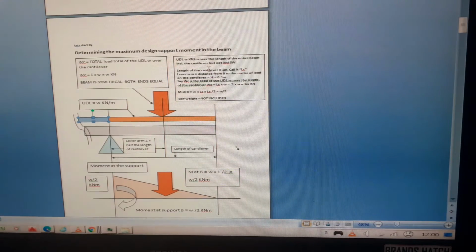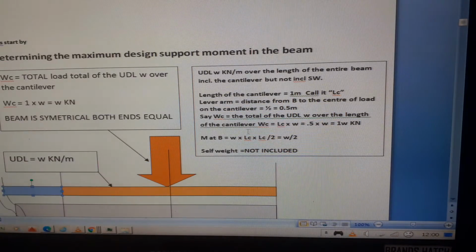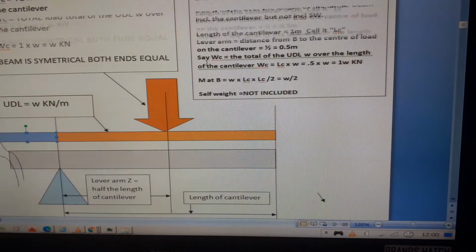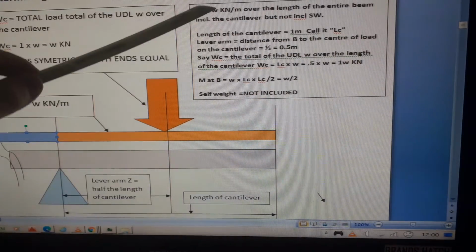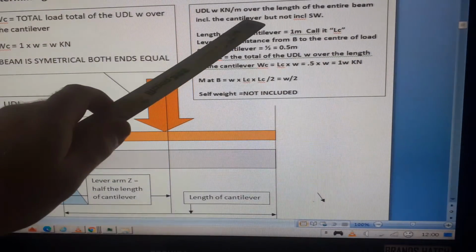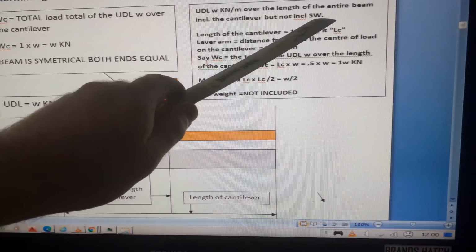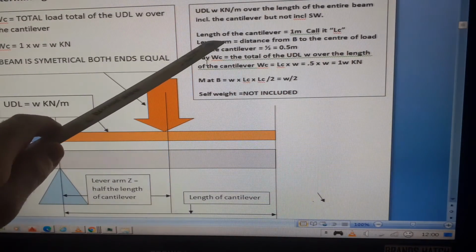As I've shown here, the UDL is W over the entire length of the beam, including the cantilever. It doesn't say anything about the self weight, so I'm not going to include that in this one.